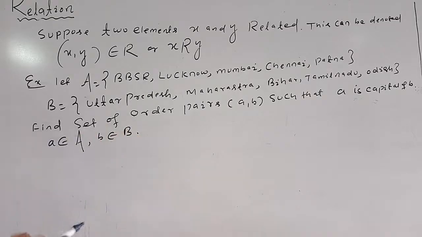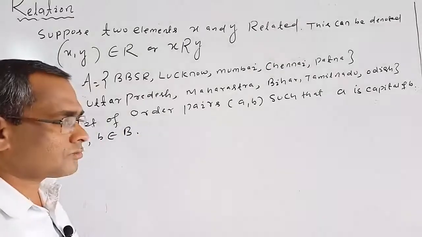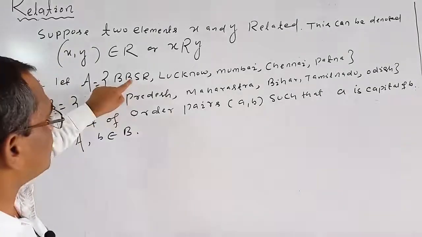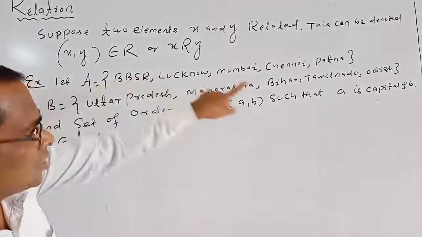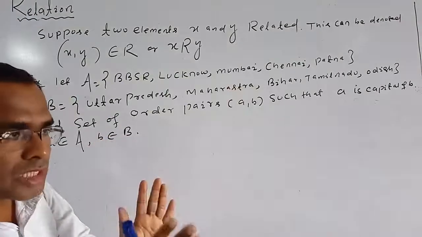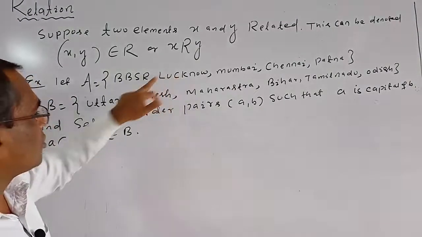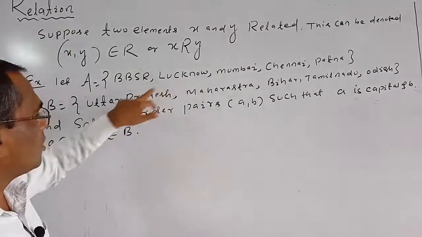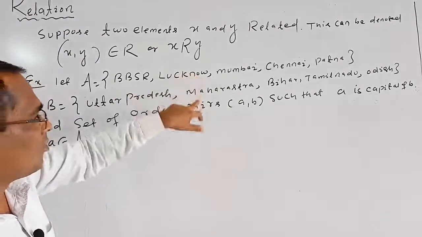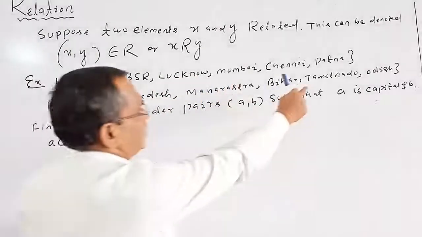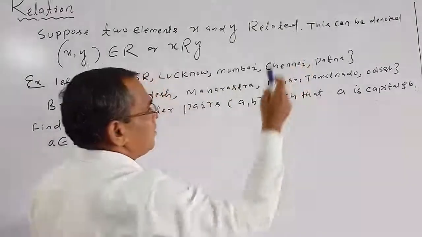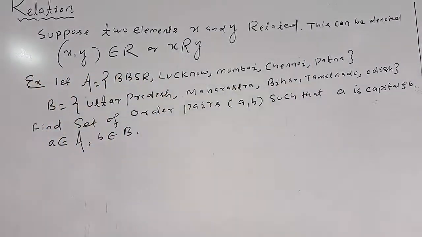So what are the ordered pairs here? Bhubaneswar is the capital of Odisha, so (Bhubaneswar, Odisha) is one ordered pair. Next, Lucknow is the capital of Uttar Pradesh, so the ordered pair (Lucknow, Uttar Pradesh). Then (Mumbai, Maharashtra), (Chennai, Tamil Nadu), (Patna, Bihar). These are the possible ordered pairs where a is the capital of b.